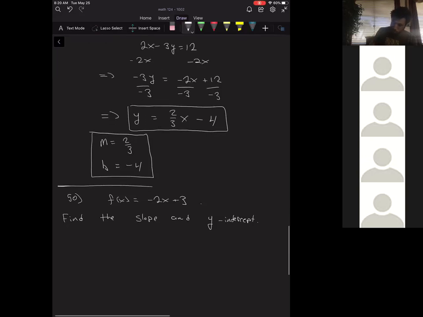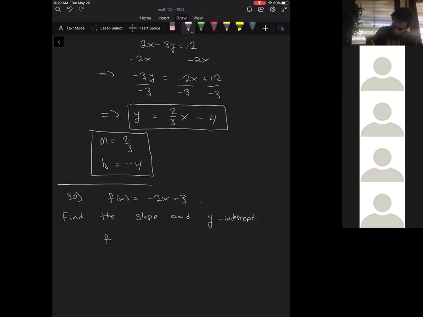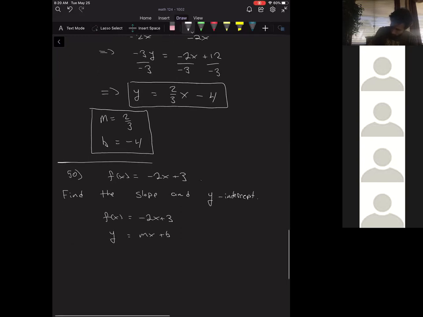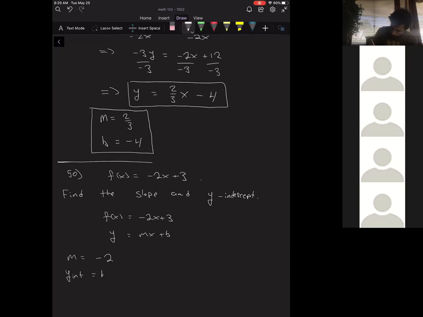This line, f of x equals minus 2x plus 3, is already given to us in y is equal to mx plus b form. So automatically we see that our slope, m, is equal to minus 2. And our y-intercept is just equal to b, which is equal to 3.